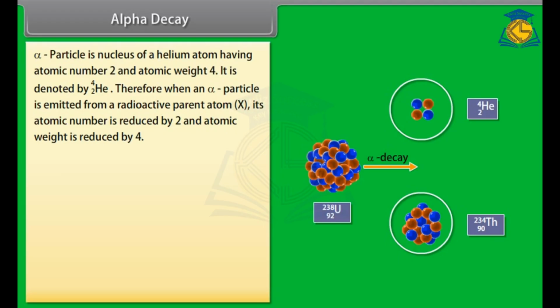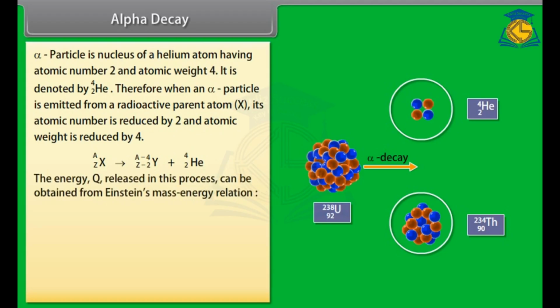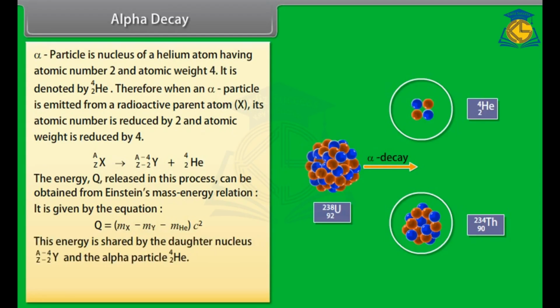The energy Q released in this process can be obtained from Einstein's mass-energy relation. It is given by the equation Q is equal to (mX minus mY minus mHe) into c square. This energy is shared by the daughter nucleus and the alpha particle.